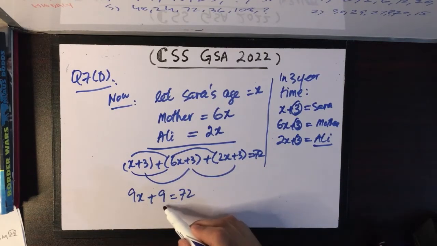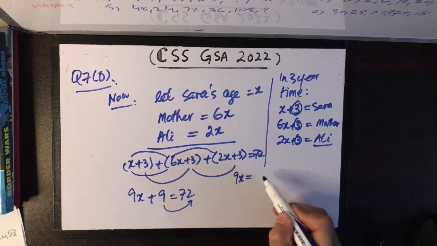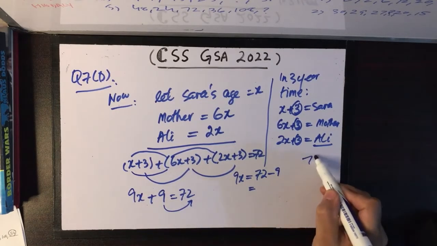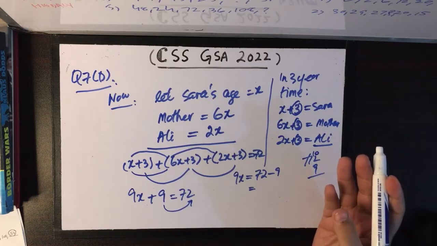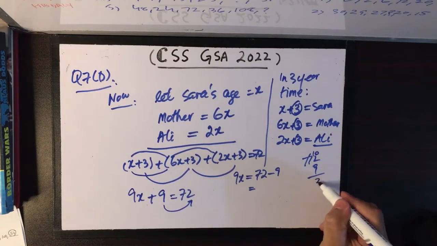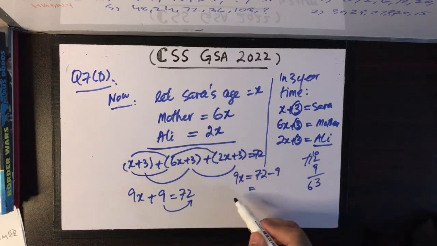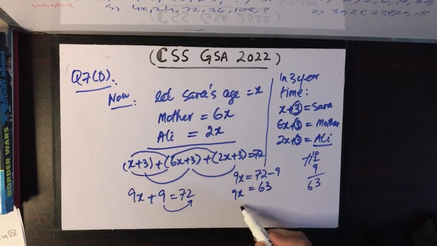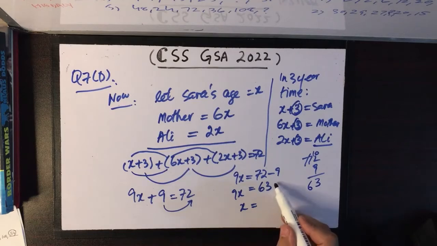Now 9 comes to the other side of the equality, it becomes minus 9. So 72 minus 9 equals 63. 9X is equal to 63, which means X is equal to 63 divided by 9.